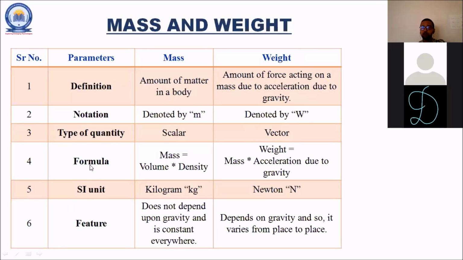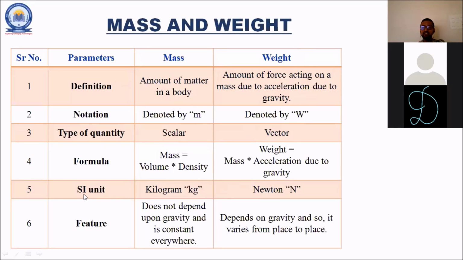If we consider the formula, mass is equal to the product of volume and density, whereas weight is equal to mass into acceleration due to gravity. Dev has given me this answer related to weight. That was one of the correct answers.